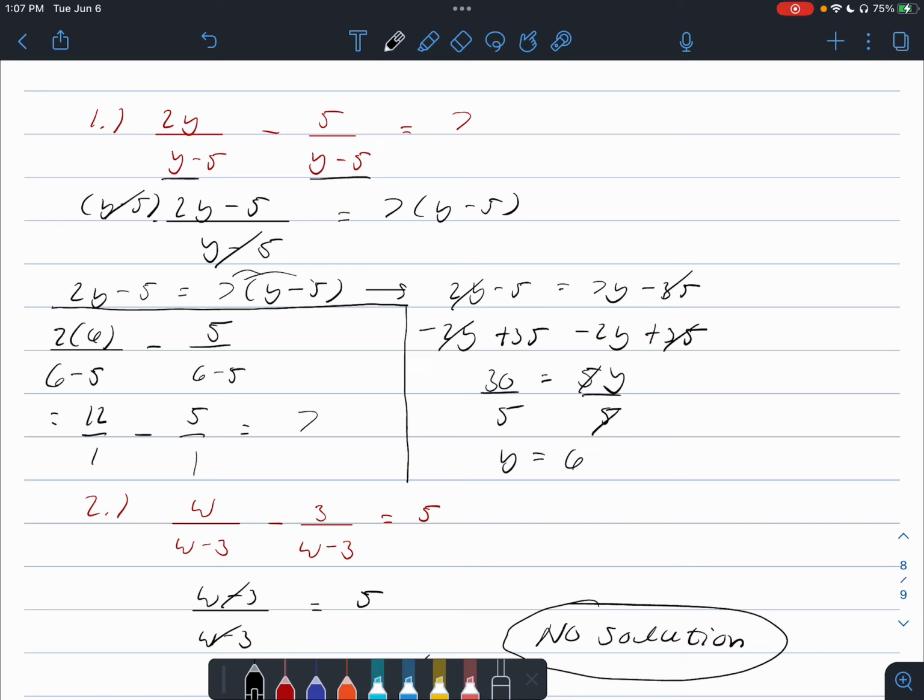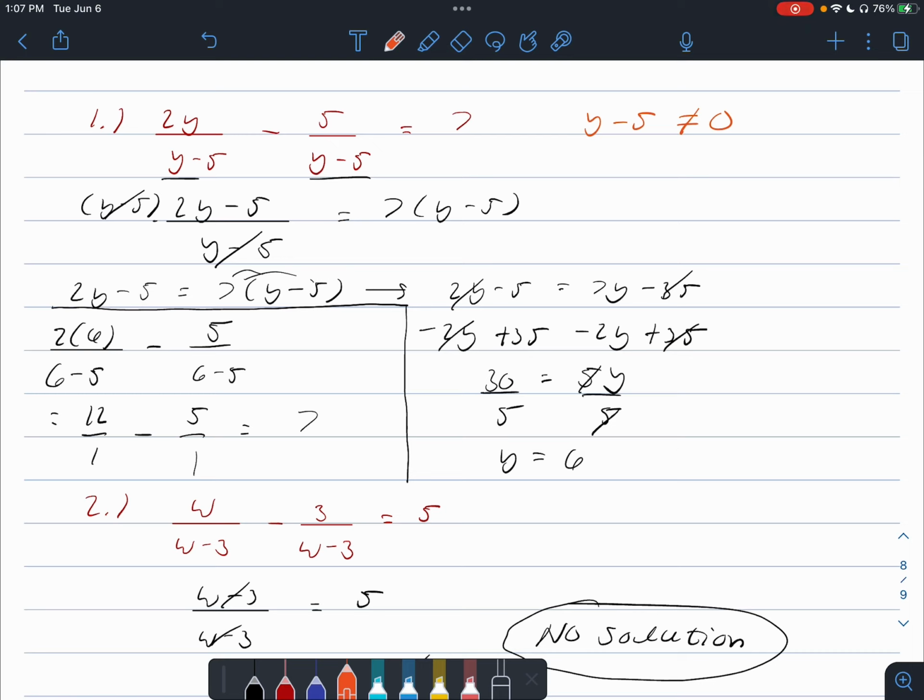If you remember back to previous math classes you've taken, we know that one of the biggest no-nos in math is to divide by 0. If we divide by 0, bad things happen. And so we want to make sure that this denominator is never 0. So we need to say that y minus 5 cannot be equal to 0.